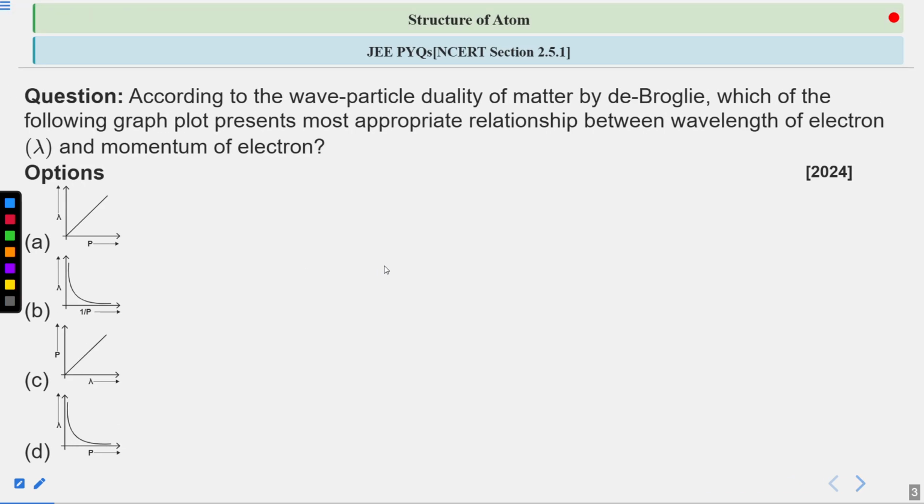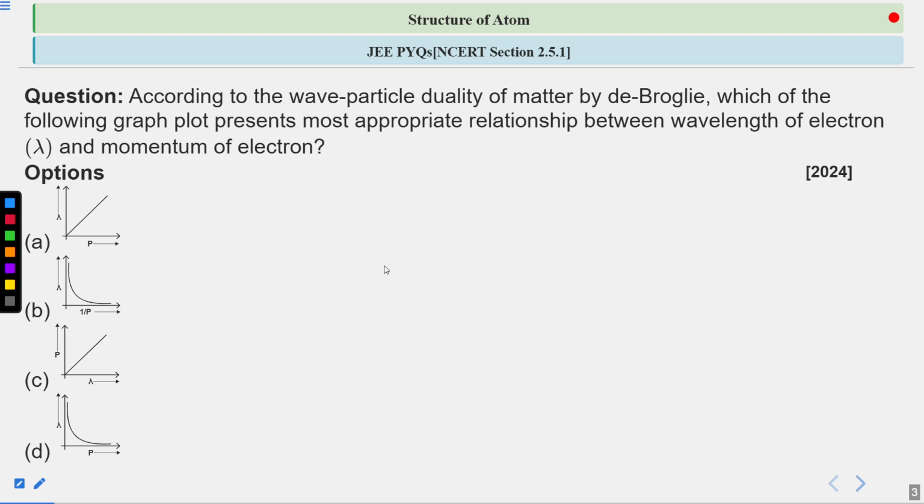So let's begin with our first question, and this is a JEE PYQ covering NCERT section 2.5.1 in the Structure of Atom chapter.